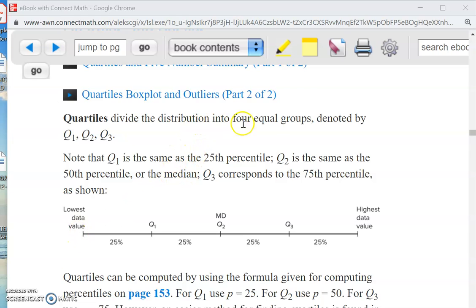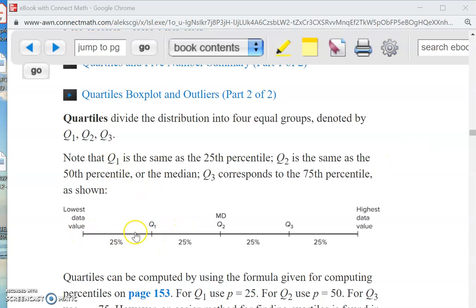He says divided into 4 equal groups and then denoted by Q1, that's the first group. Q2 is the second group. Q3, I guess, is the third group. Well, why don't we call this Q4? I don't know why he doesn't call it Q4. That's just the way he did it. So Q1, that's right here.